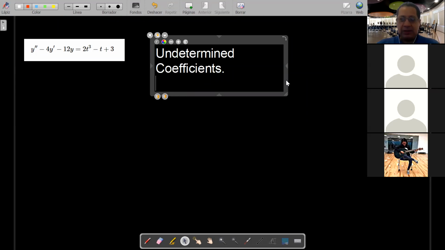That means it's not the full solution. In the next lecture, we will work on how to find a full solution for this kind of ODEs. So I just want to highlight that fact. We are just finding one particular solution.